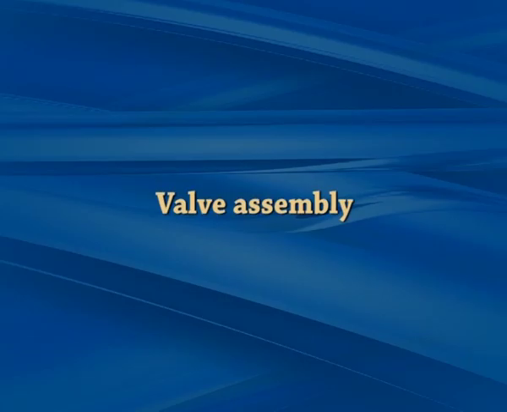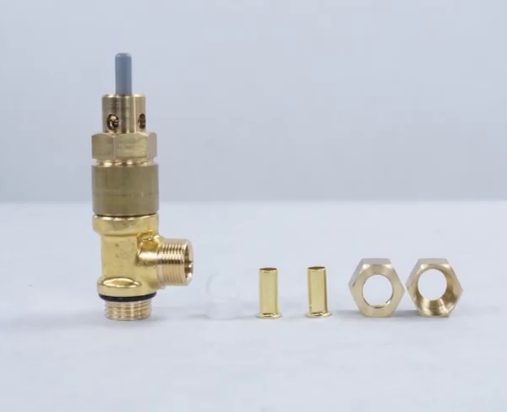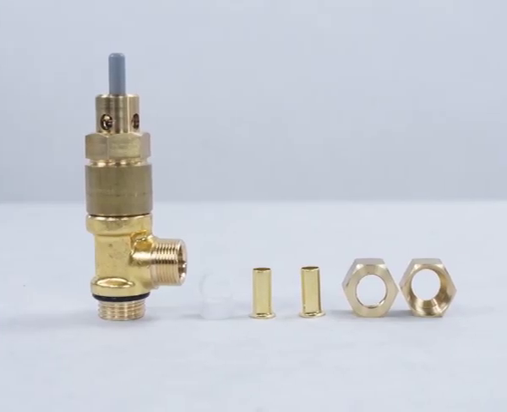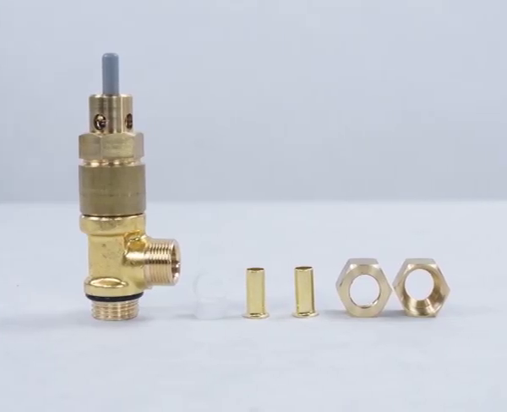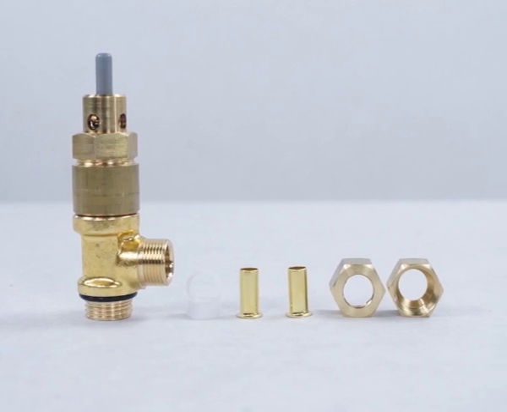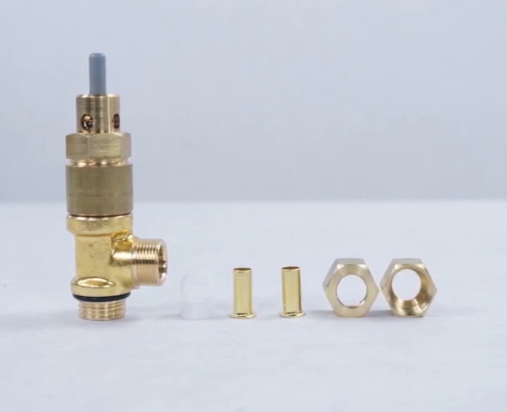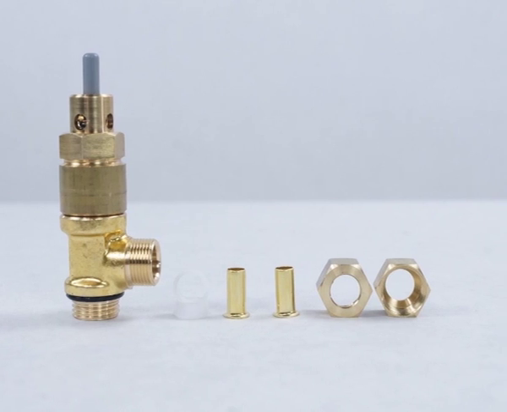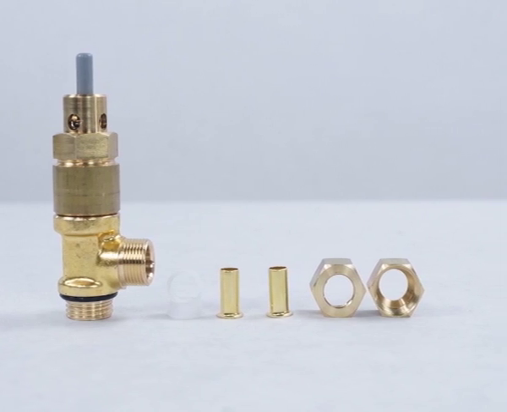But the main disadvantage with hydrocarbon propellants is their flammability and the need for special filling plant. Valve assembly. The valve is designed to dispense the product in the required manner while maintaining both the product and propellant hermetically sealed until the product is expanded.